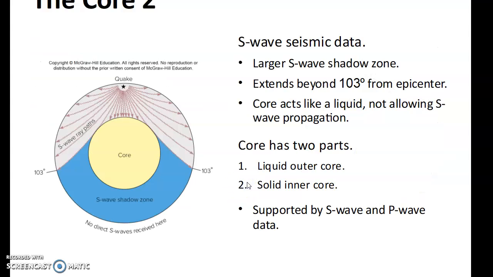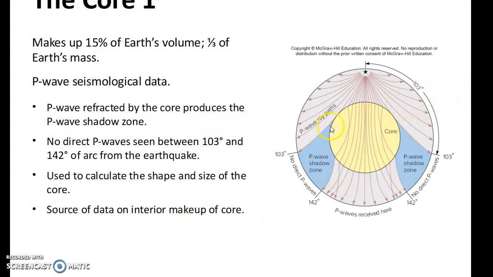Then we have S wave seismic data. This is a larger wave shadow. Okay? So nothing occurs from S wave here. It only occurs down to that 103 degrees, as you saw from here. So the P waves and the S waves both will cover this area. P waves will also cover this area, not here and not here.